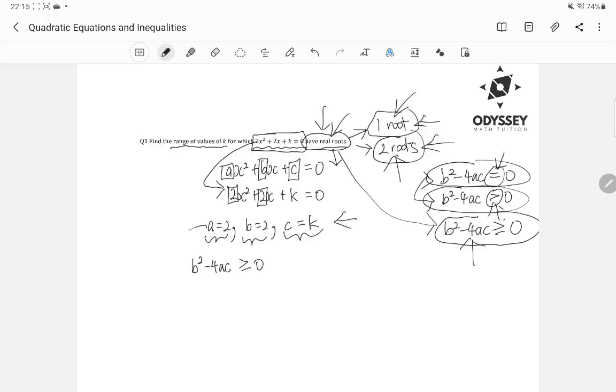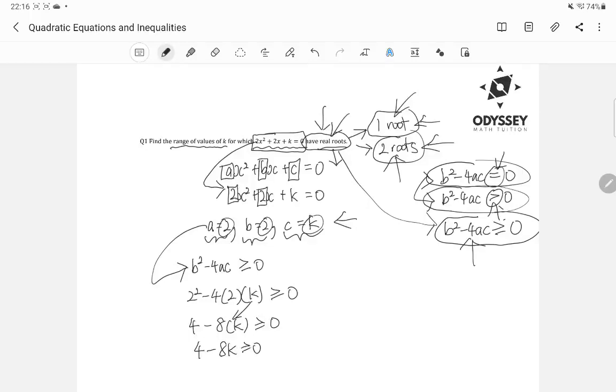We get b squared, which is 2 squared, minus 4ac, where a is 2 and c is k. So 2 squared minus 4 times 2 times k is more than or equal to 0. 2 squared is 4, and minus 4 times 2 is minus 8, and then we have our k here. So 4 minus 8k is more than or equal to 0.